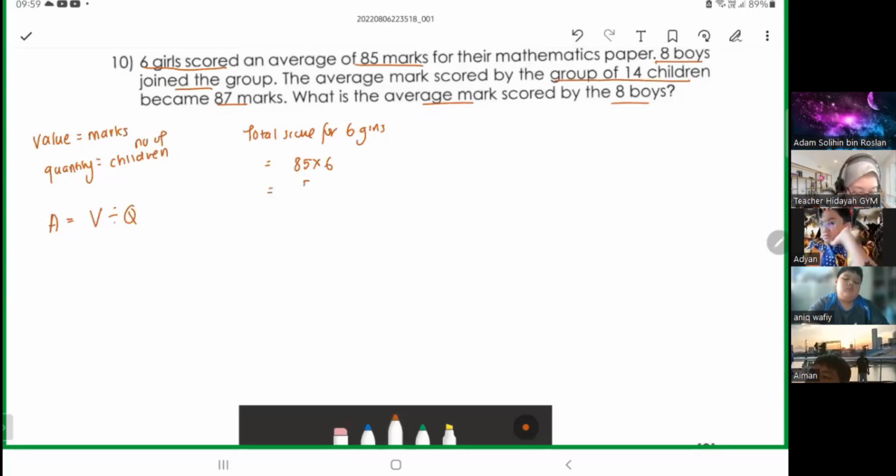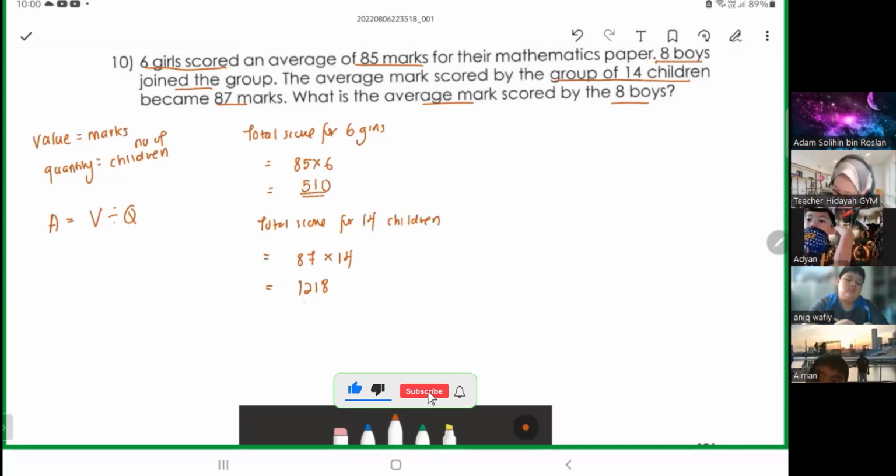That will give me 510. Then they also say the 14 children average, so the total score for 14 children, for everybody, will be 87 marks times 14 children. That is 1218.